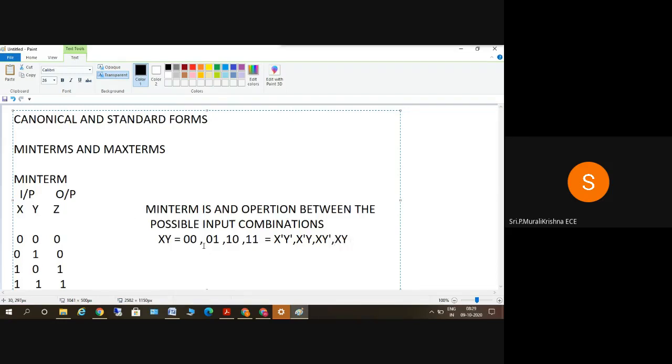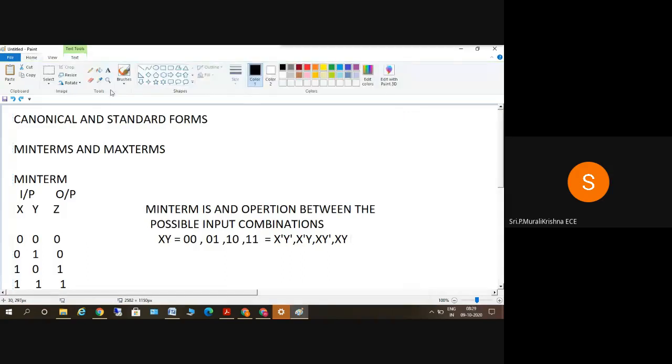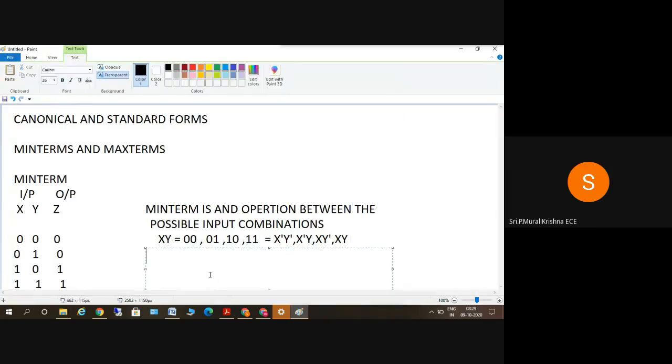Here you can see the dot operation between these. 0 0 is taken as x bar y bar, then x bar y, x y bar and x y. We are performing the AND operation between the possible input combinations, these four.